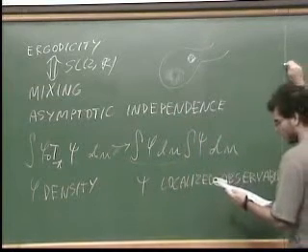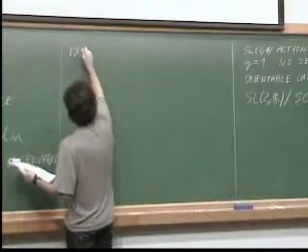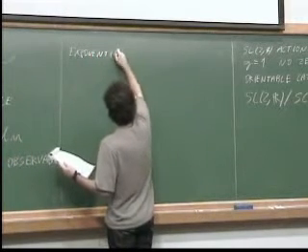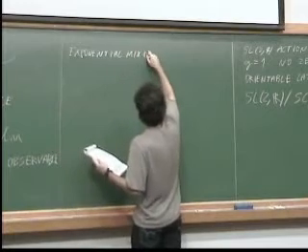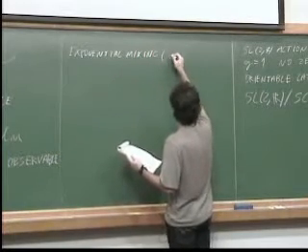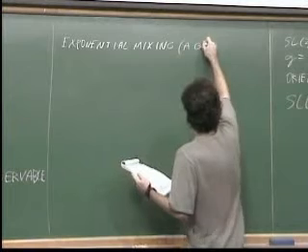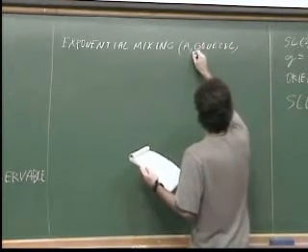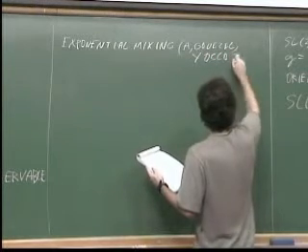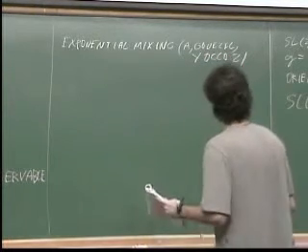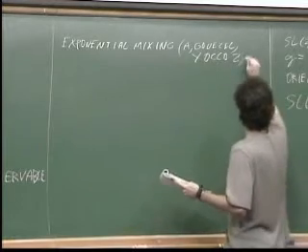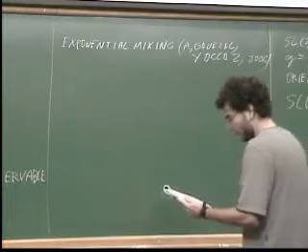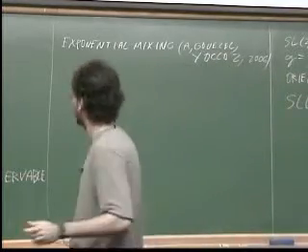So the theorem that I'm going to quote is called exponential mixing, which is joint with Guezel and Yokos. It's in 2006. So it says that this convergence is exponential.